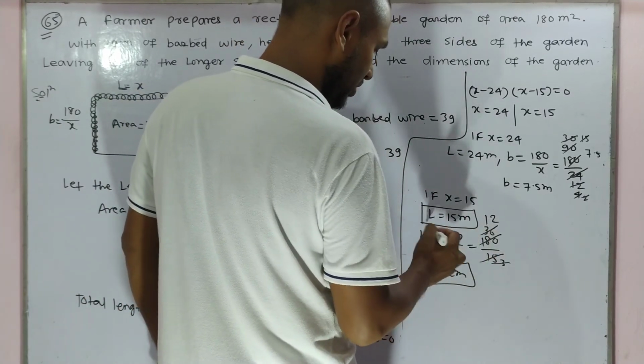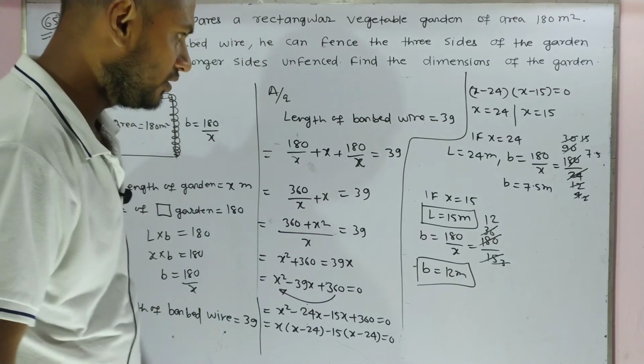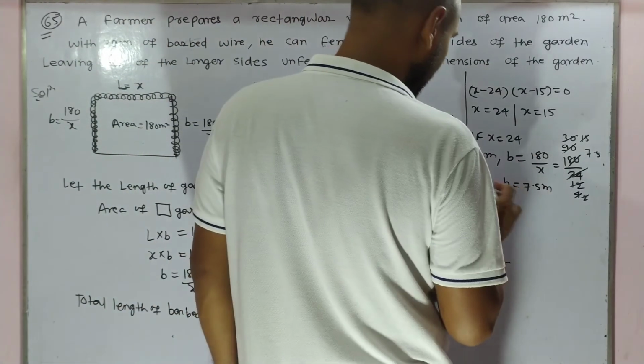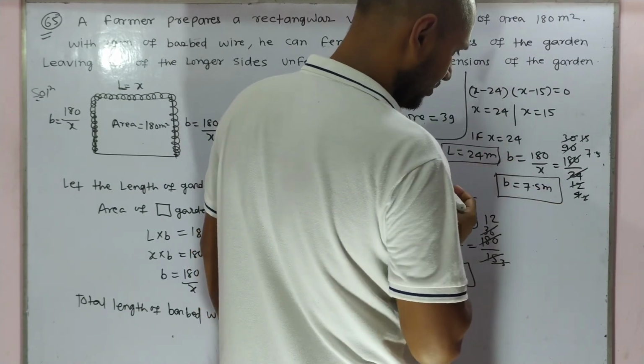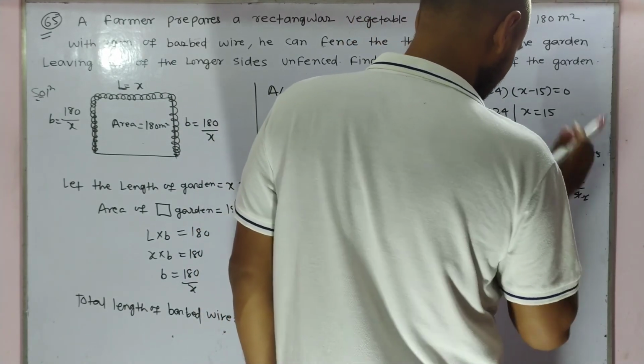Length equal to 15 and breadth equal to 12. And if x equals 24, then the length is 24, but the breadth is 7.5. I think it is correct.